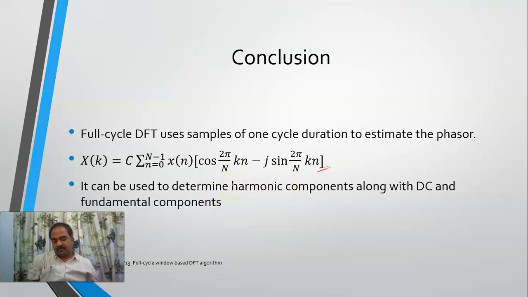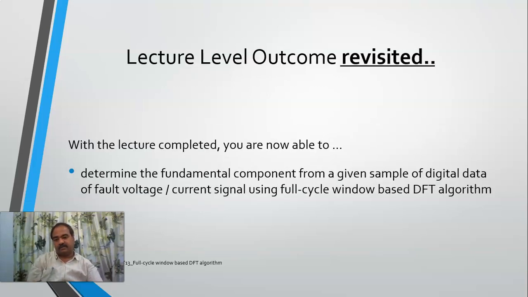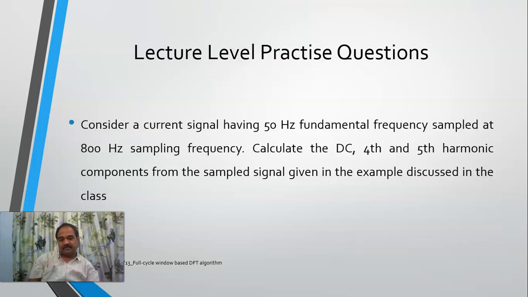Not only the fundamental component, you can determine the harmonic components also, along with the DC component, which was not possible with your earlier sinusoidal based methods. So now I hope you are able to determine any harmonic components of given samples using the full cycle window based DFT algorithm.